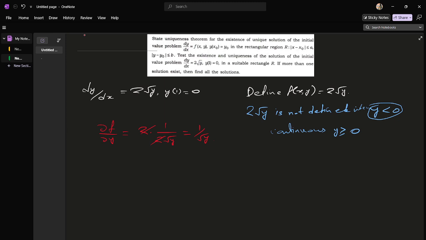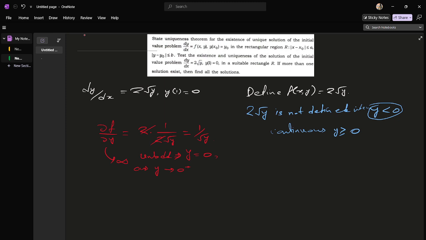This derivative is unbounded near y = 0, as it goes to infinity as y tends to 0 plus. Therefore, the Lipschitz condition is violated near y = 0.